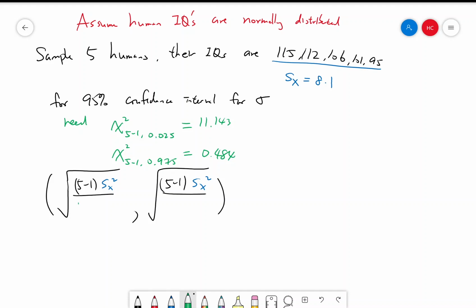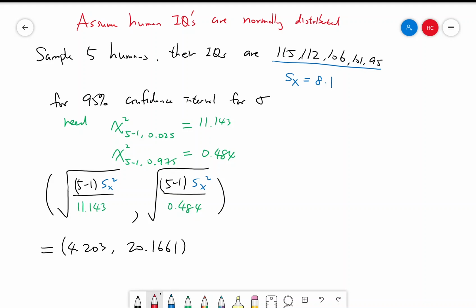The left one is going to be 11.143, and the right one is going to be 0.484. If we plug into a calculator, this is equal to 4.203 comma 20.1661. So this is our 95% confidence interval for sigma.